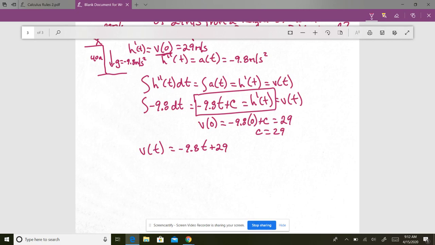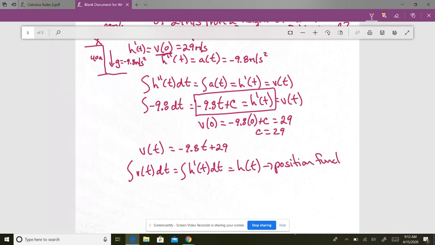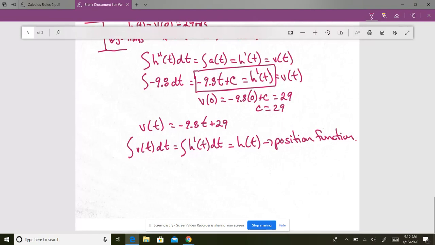Now to get the position function, if I integrate the velocity function, which is the same as integrating h prime of t, because that is the first derivative, I should get h of t, which is my position function. So let's do that.